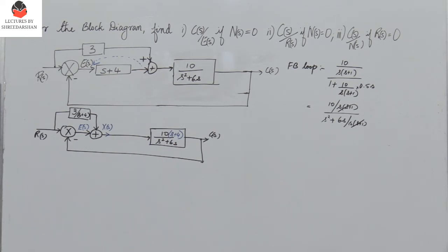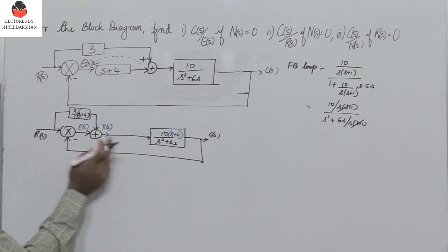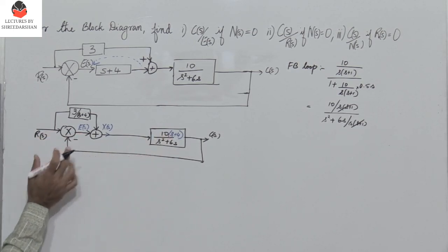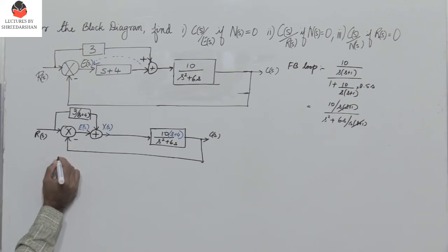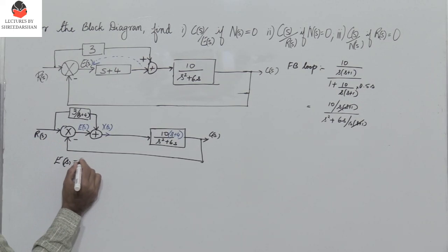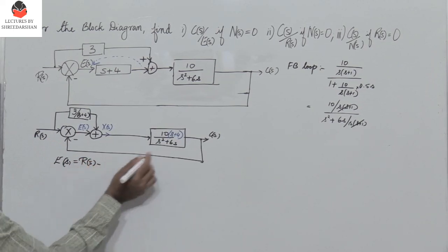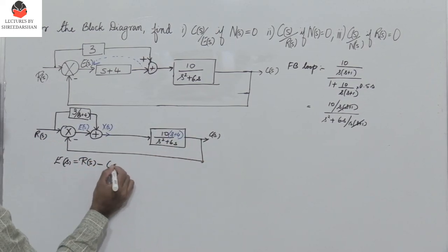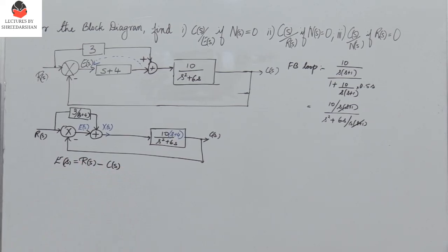So how do I find C(S) by E(S)? Let's see how this can be done. We know that E(S) is nothing but R(S) minus C(S). So this is one expression. So E(S) is here. E(S) is R(S), the input, minus C(S), which we get along the feedback path.